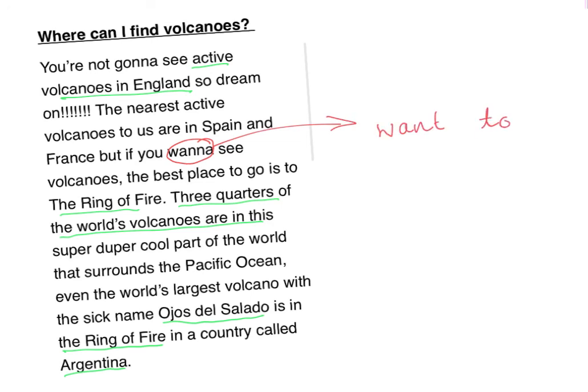Or in order to see volcanoes, la la la. Remember, no contractions. So you need to put you are. And make sure you get rid of any chatty vocabulary. So with the sick name, we don't want that.